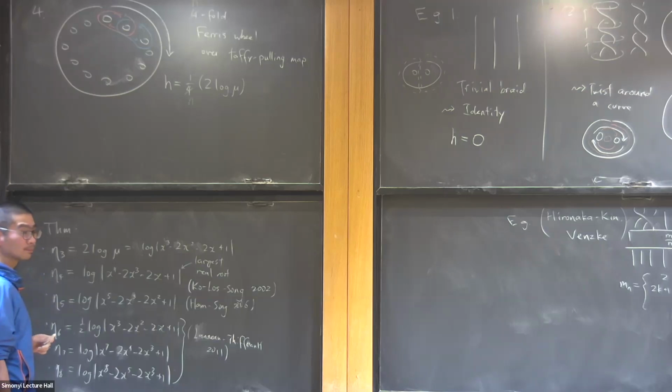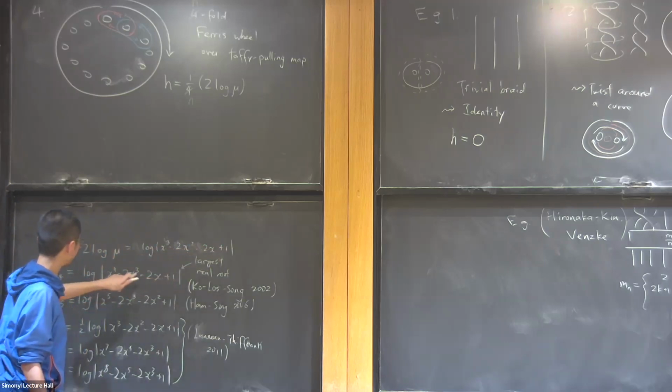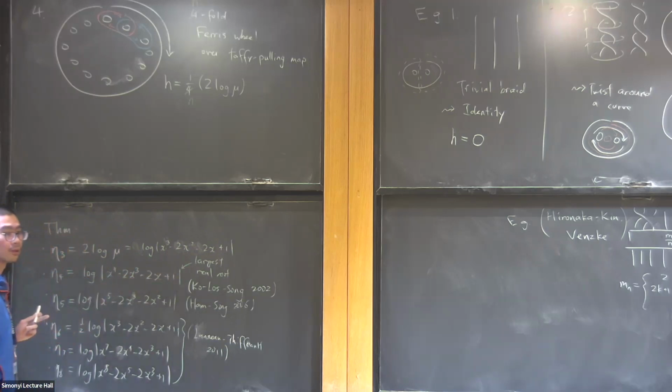Then eta 3 and eta 4, what's the difference between them now? The powers here are 3, 2, 1, 0, and it's 4, 3, 1, 0. But as you can see, there's some high degree of pattern here. And so eta 6 is the twofold Ferris wheel of this thing.